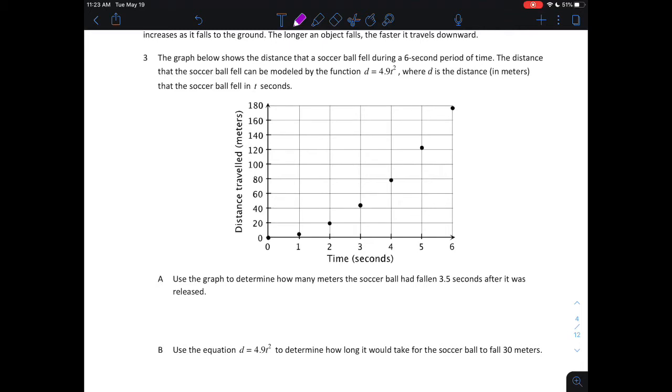Part A. Use the graph to determine how many meters the soccer ball had fallen 3.5 seconds after it was released. So just like we did with previous examples, I'm going to connect my dots with a curve to give a little bit more visualization.